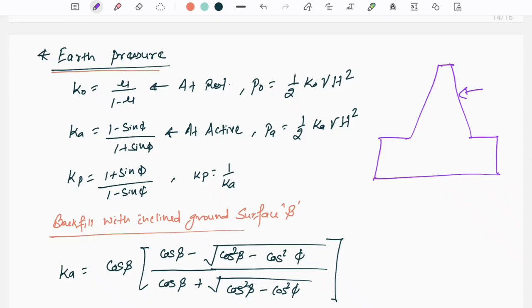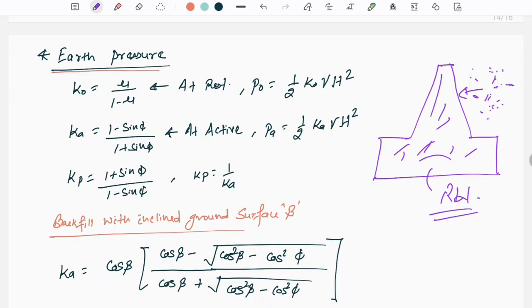So how is this earth pressure generated? There are three conditions in earth pressure. Suppose this is the soil, and the soil is filled on this side. Then the soil is retained by this wall, which is called a retaining wall.